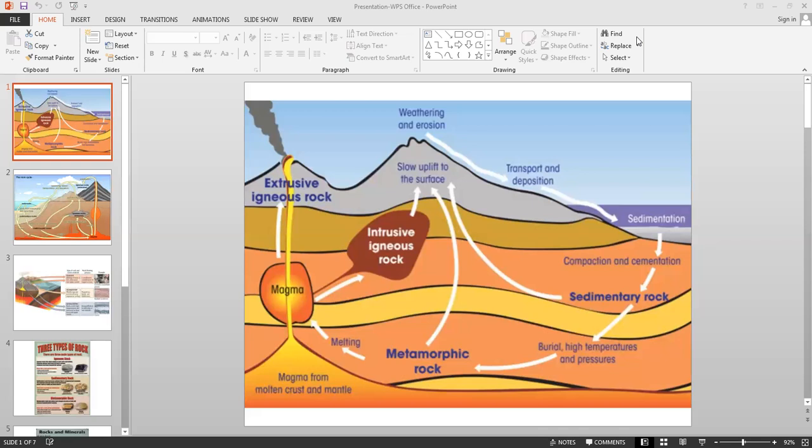Yeah, so you can move the slides, please.